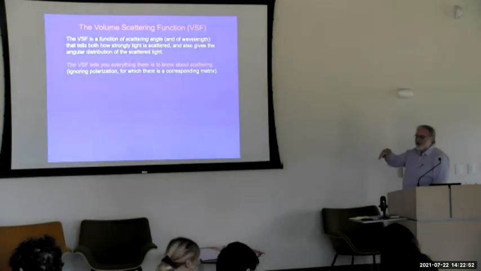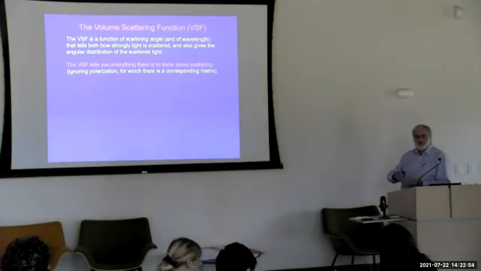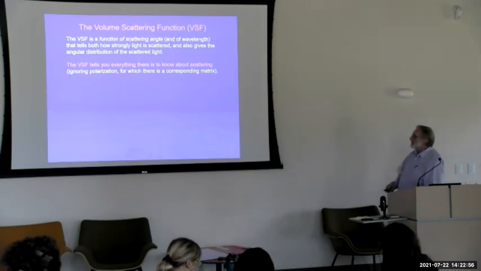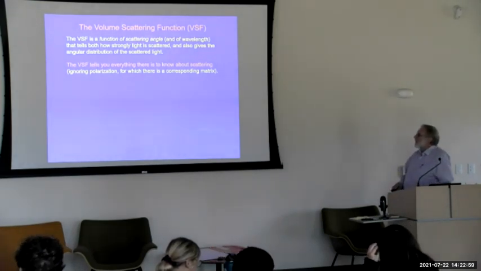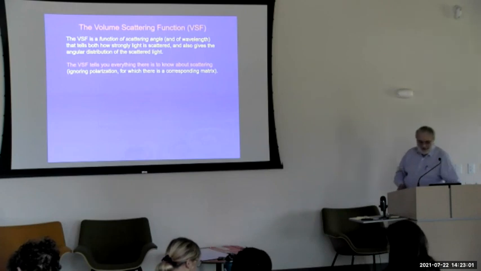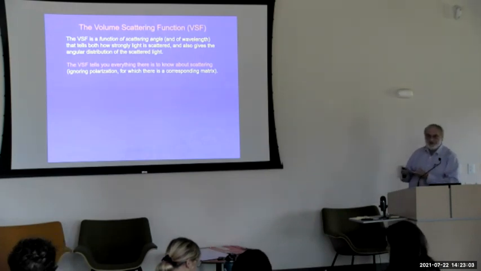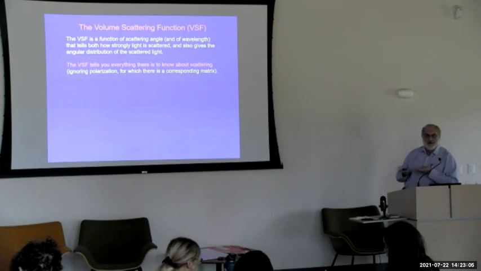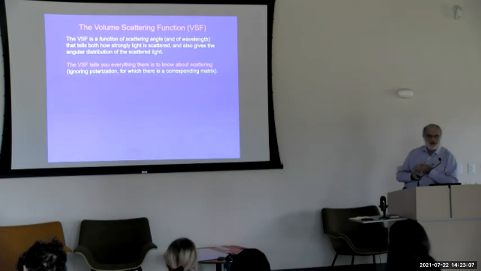And of course, all of this stuff is on the web book, it's on the ocean optics book, it's in Light and Water, et cetera. So you don't have to worry about remembering all of this. As I've said, the volume scattering function tells you everything you need to know about scattering of unpolarized light.